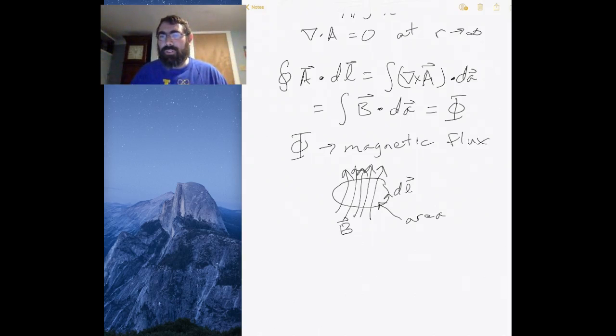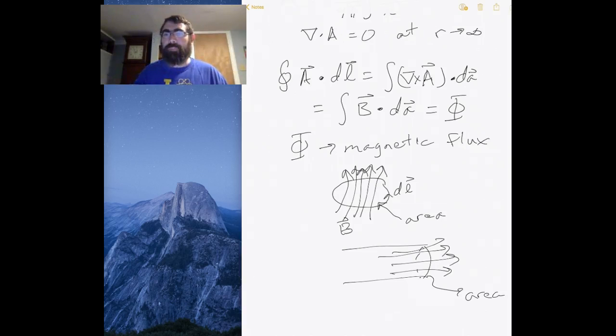For a solenoid, this is pretty simple. The area is the ends of the cylinder that comprises the solenoid. So what we're looking at is the flux of the magnetic field as it goes through this circle at the end of the solenoid, at the end of the tube.